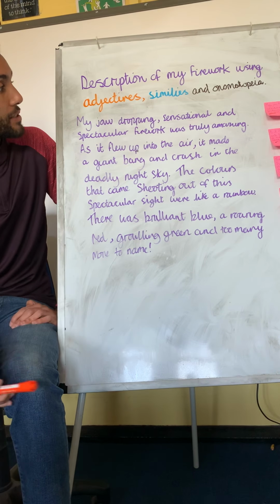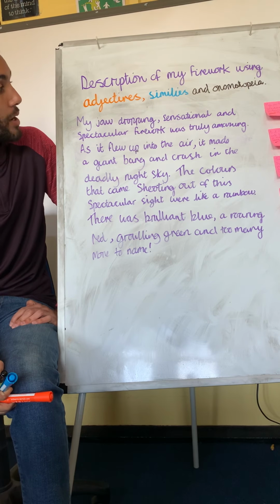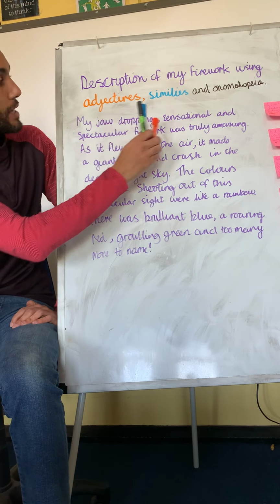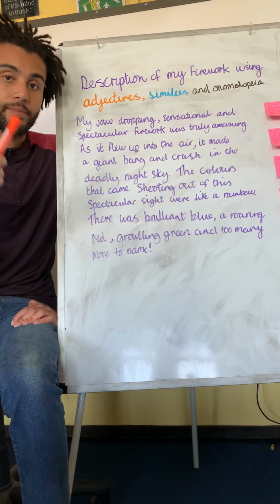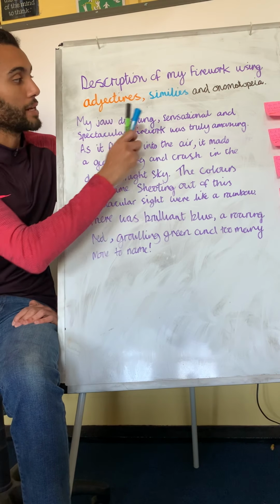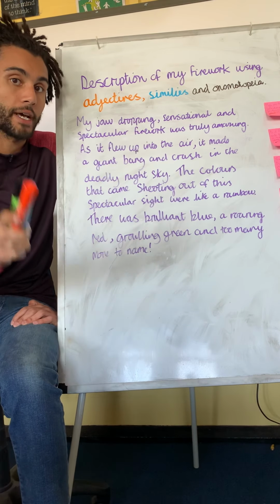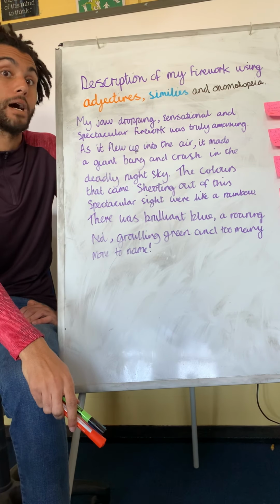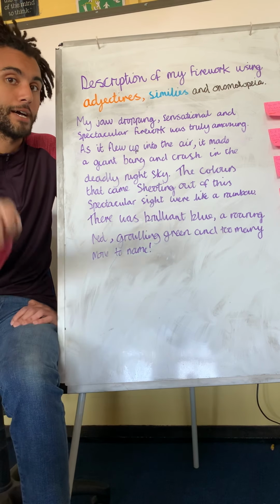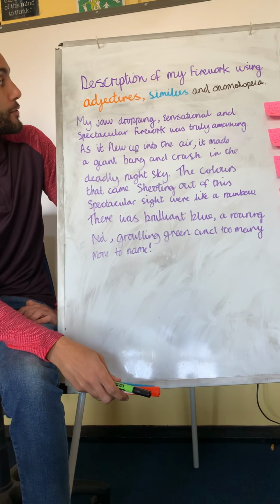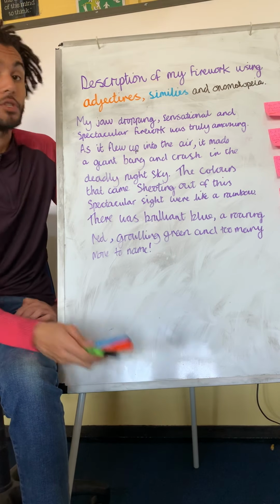My jaw-dropping, sensational, and spectacular firework was truly amazing. Read through that sentence there. I want you to think about which colour I'm going to underline these words in, because I've used something in there. If you want, pause it now. And we're back. If you said adjectives, you were right.